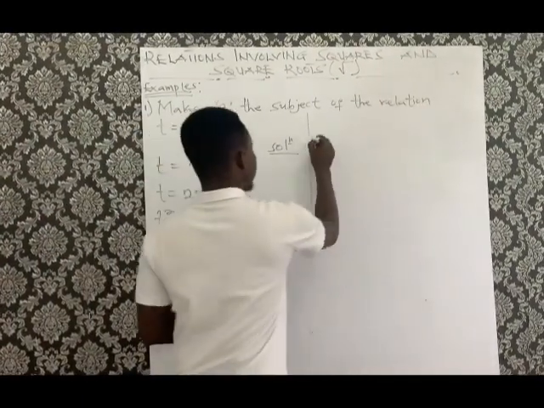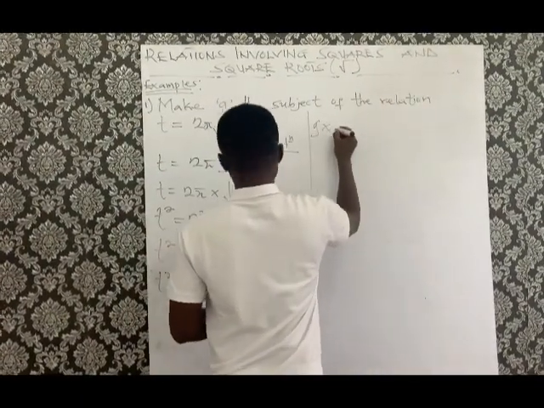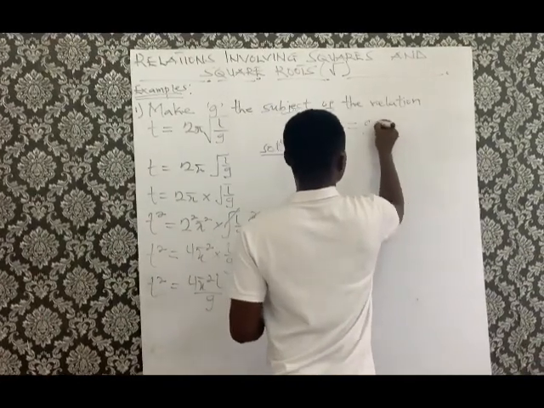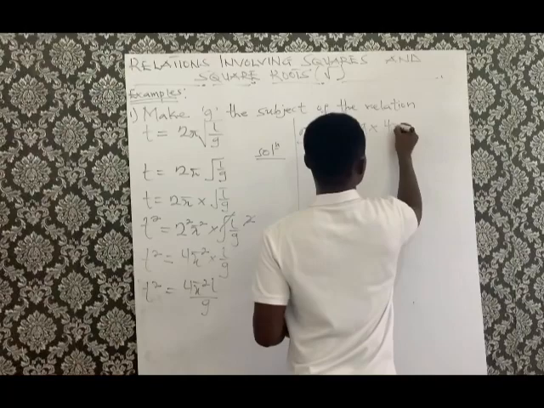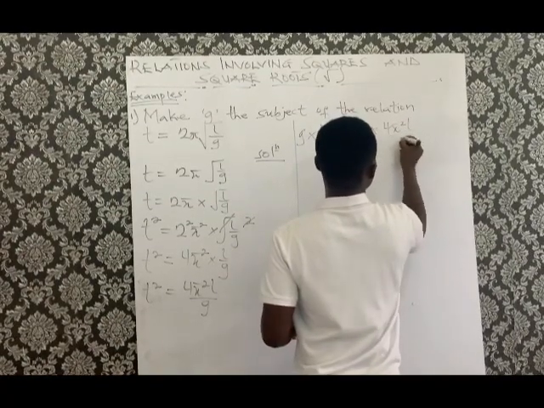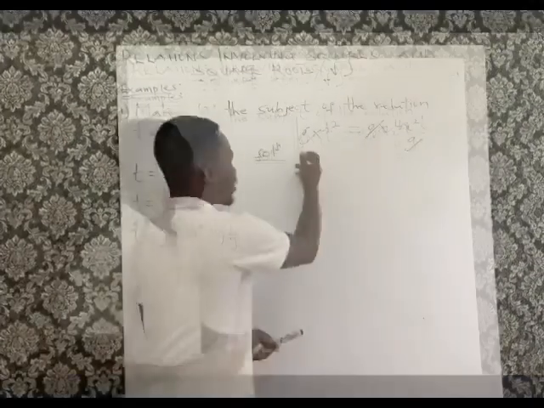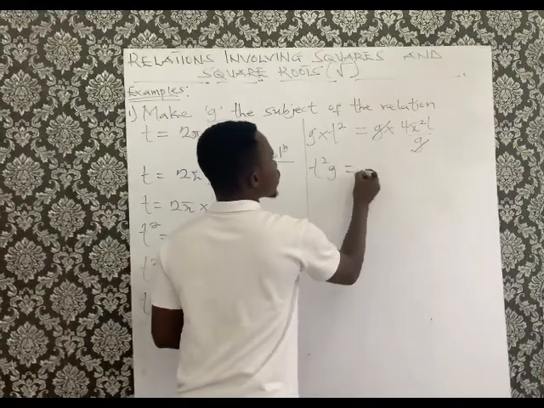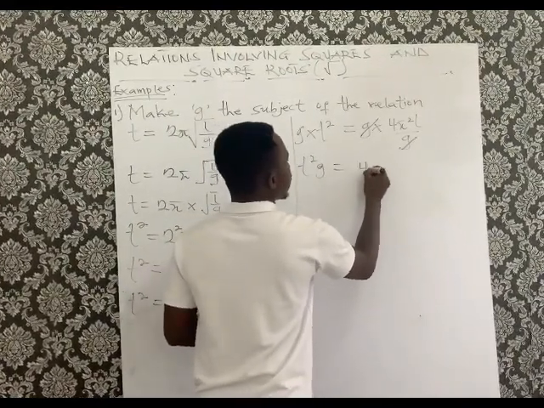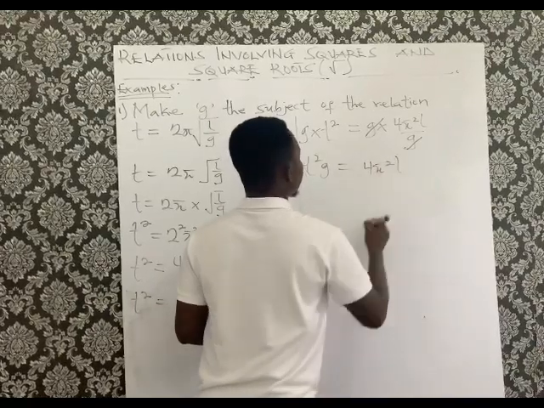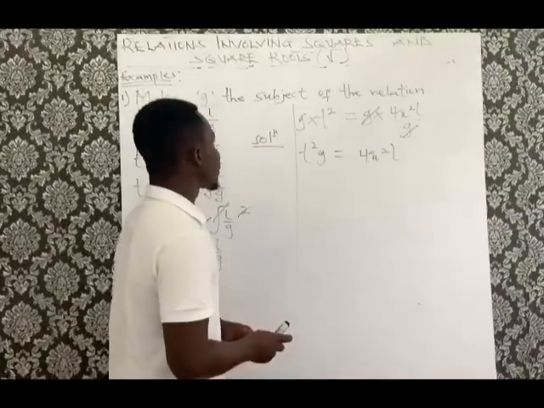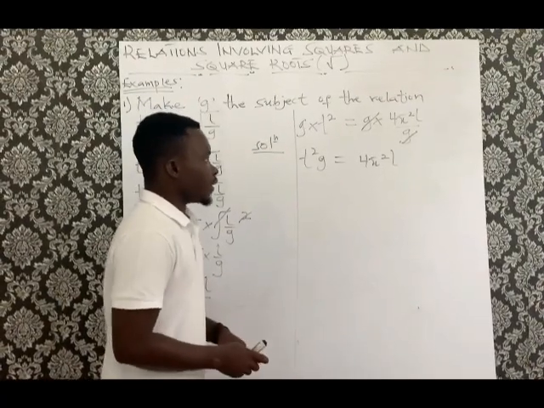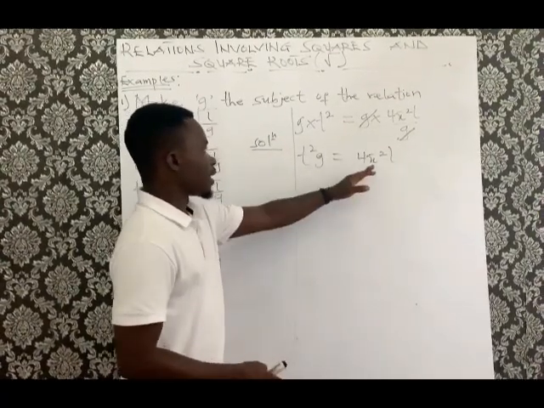Which will be G times T squared equal to G times 4 pi squared L over G. Now G times T squared gives us T squared G equal to 4 pi squared L. So we have to make G the subject of the relation. Now there's G here, but there's no G here.